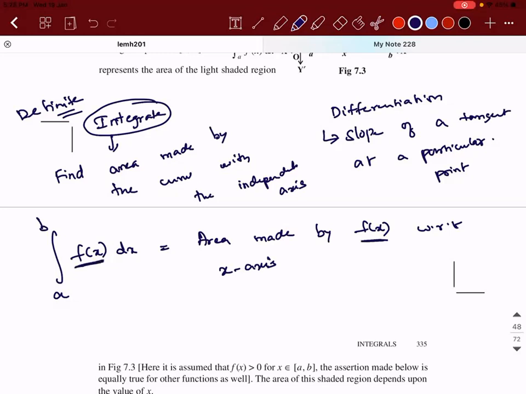Because f of x is the curve, and the area lies between the points a and b on the x-axis. Are you able to understand what I'm trying to say? This is the application of integrals, which we'll do in the next chapter.